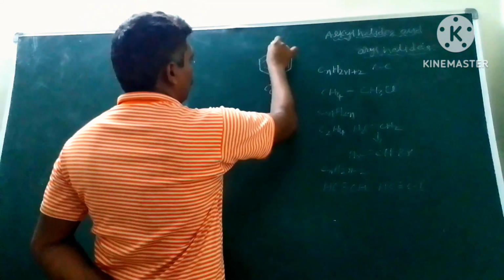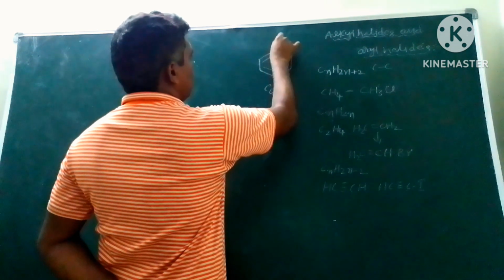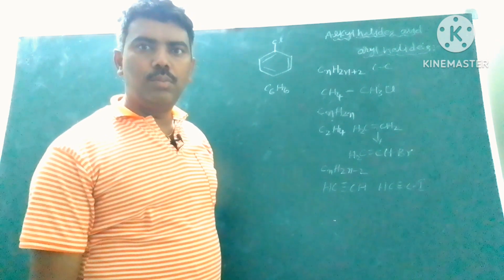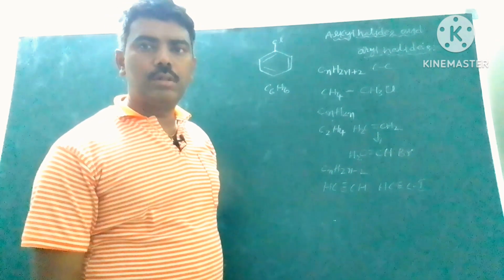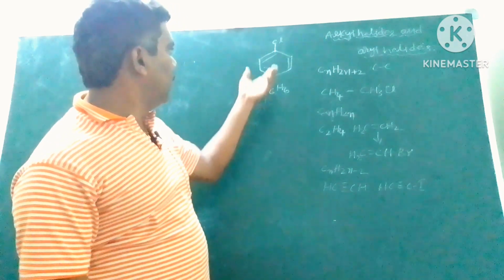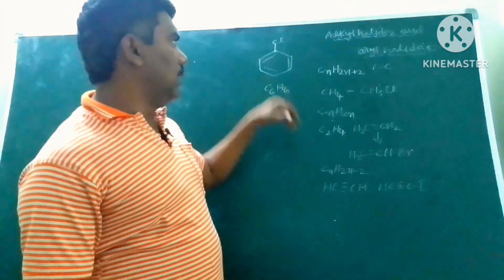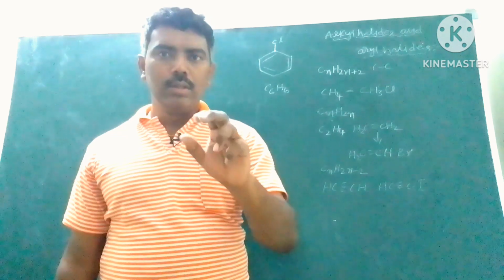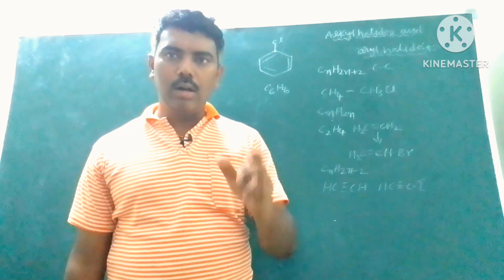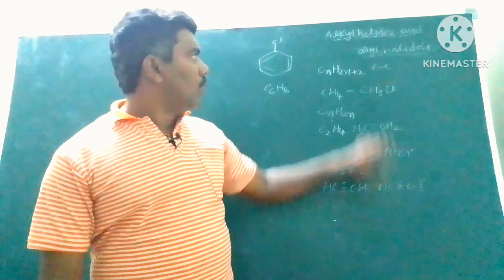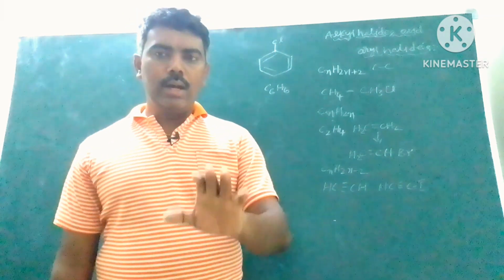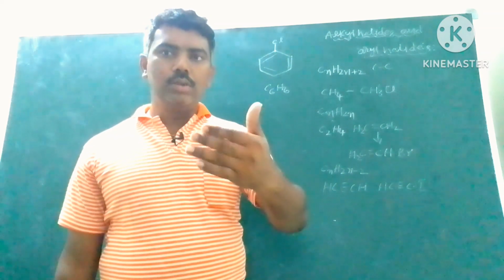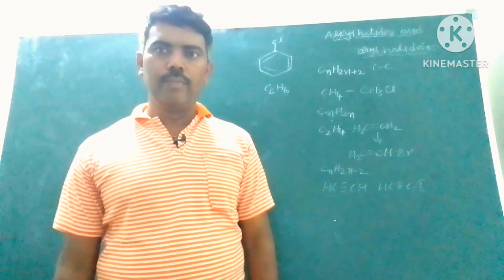Now I am taking chlorobenzene, where the hydrogen in benzene is replaced with chlorine. If bromine replaces it, bromobenzene. If iodine replaces it, iodobenzene. These are examples of aryl halides. From the aromatic hydrocarbon, when hydrogen is replaced with halogen, it is called aryl halide or haloarene. From the aliphatic hydrocarbons, when the hydrogen is replaced by halogen, it is called alkyl halide or haloalkane.